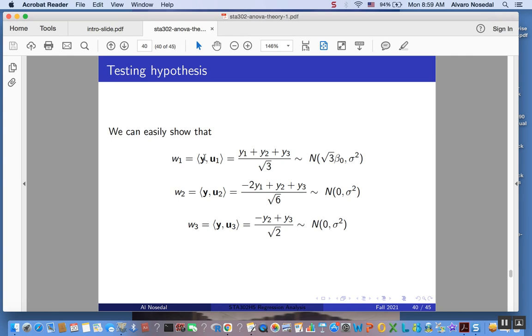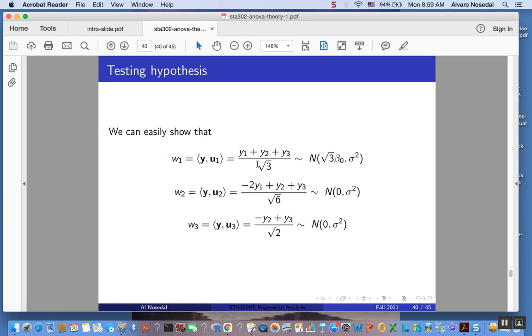So if y is a vector that lives in R3, in a three-dimensional space, and the entries are y1, y2, and y3, since u1 is 1 over the square root of 3, comma 1 over the square root of 3, comma 1 over the square root of 3, this is what we end up with.